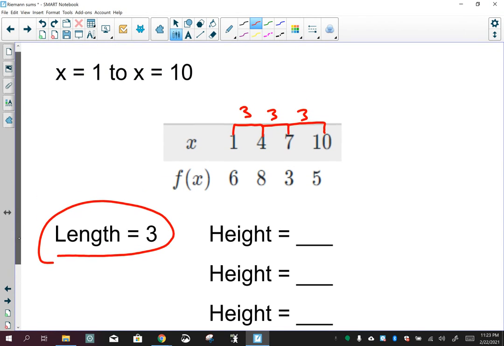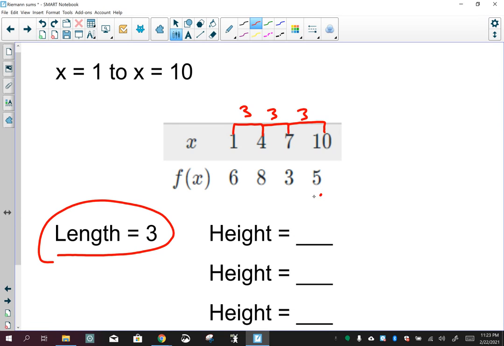Since we're using the right Riemann sum, we're going to read this going from right to left, in this direction. You have to visualize these actual rectangles as they're being put on here. Going in this direction, we're going to be using these 3 numbers, 5, 3, and 8.